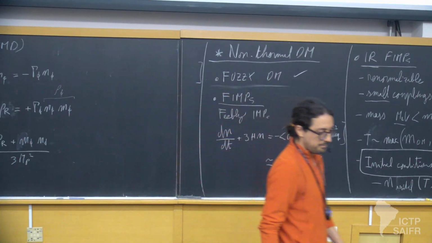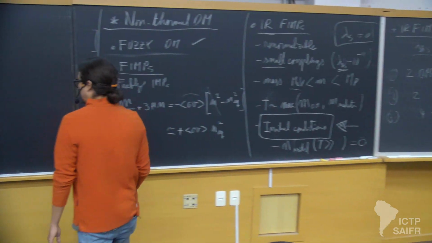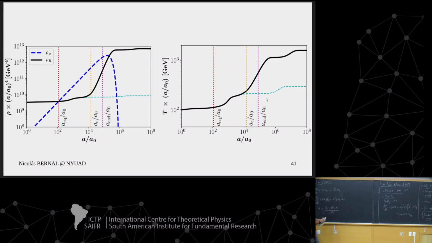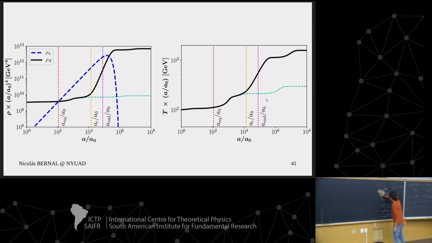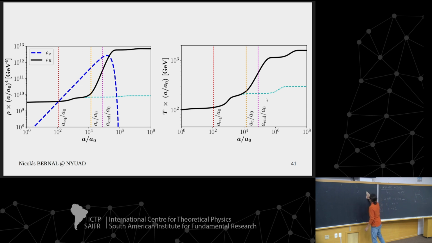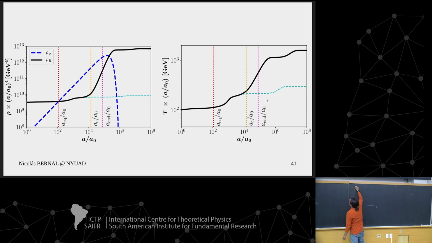And I think I have a plot. Yes, it's a complicated plot because I took into account the degrees of freedom, but you will see it's very simple. So let me do again the plot on the left, a simplified version: the scale factor, and energy densities times scale factor to the power 4.